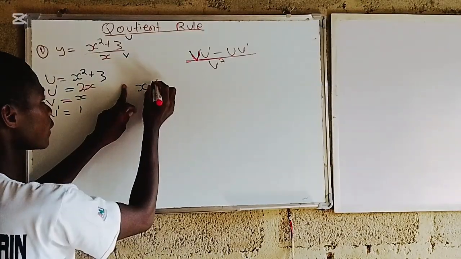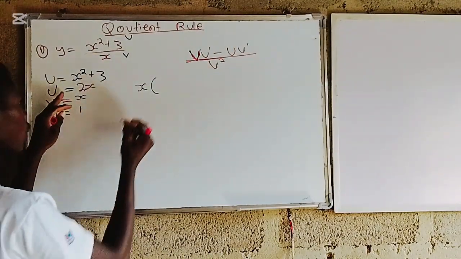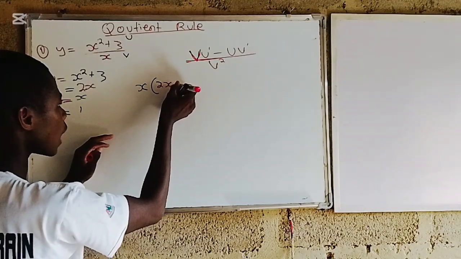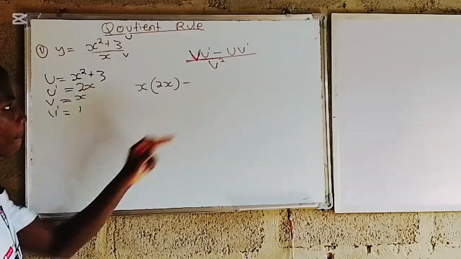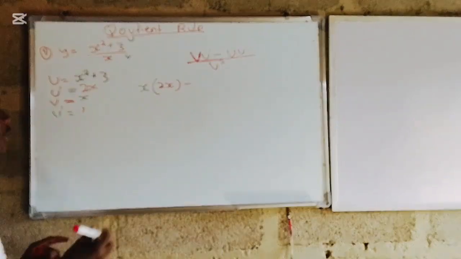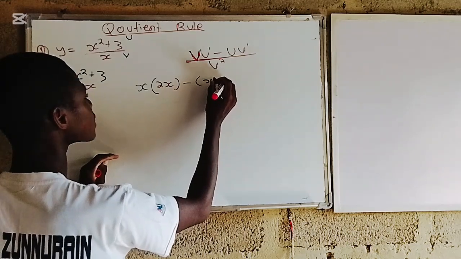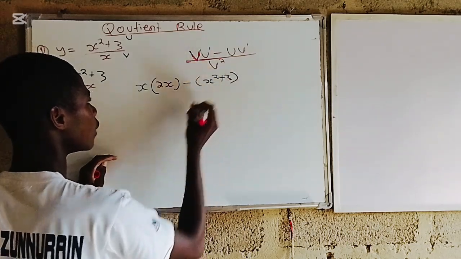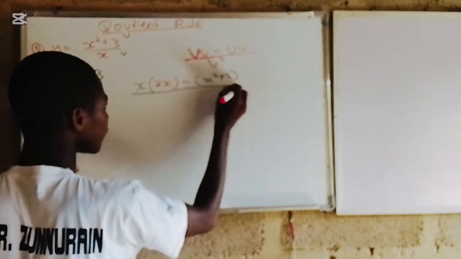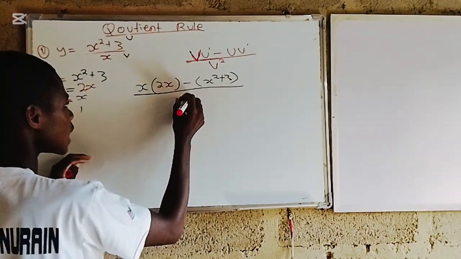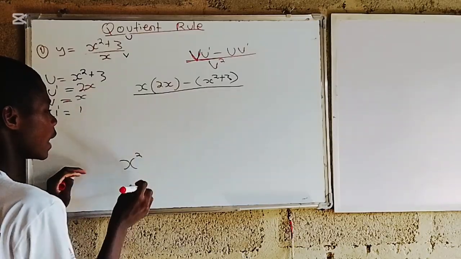So the value of V, which is x, multiplied by U prime, which is 2x, minus the value of U, which is x squared plus 3, multiplied by V prime, which is 1, all divided by V squared. V squared means x squared.